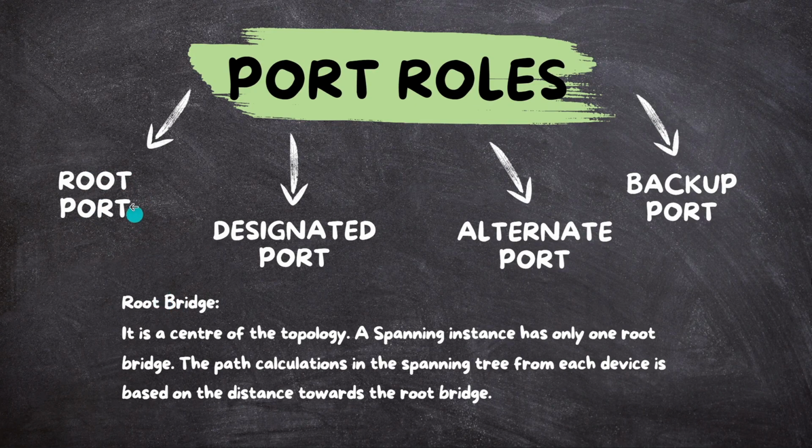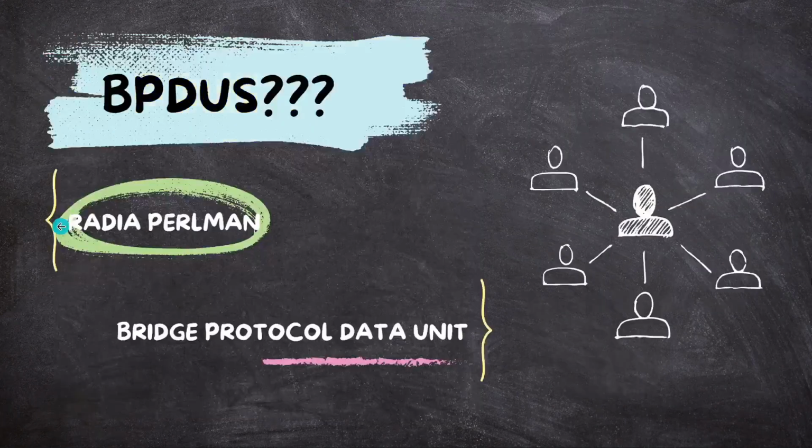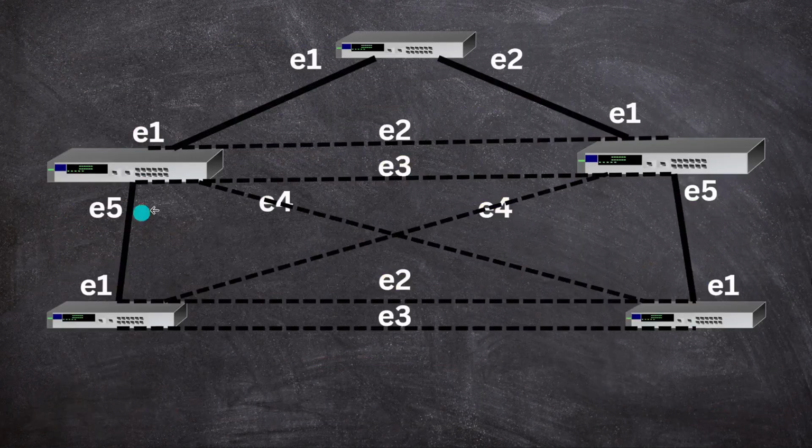So let's say there is a switch, I will explain by this example. Let's say this is the root switch, this switch, and this switch. Ethernet 1 port in this switch is connected to Ethernet 1 port of this root switch. So this port will be the root port, basically because this port is directly connected to the root bridge.